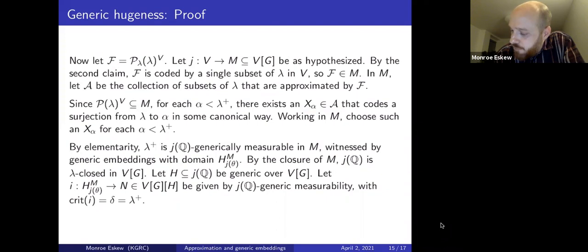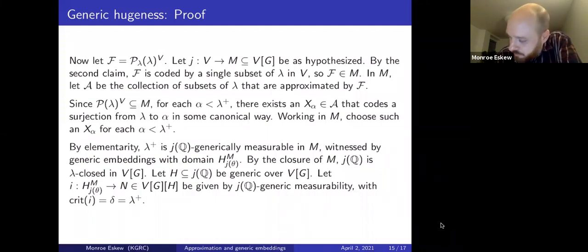M doesn't have that object, but it says I see this property. So working in M, for each alpha, I choose a surjection from lambda to alpha that's approximated.